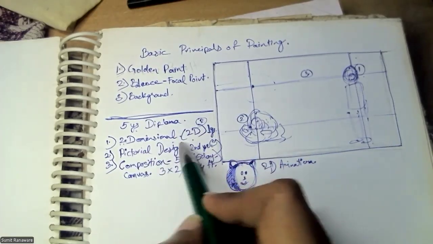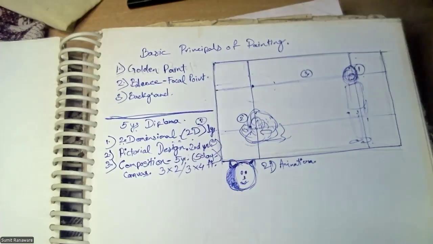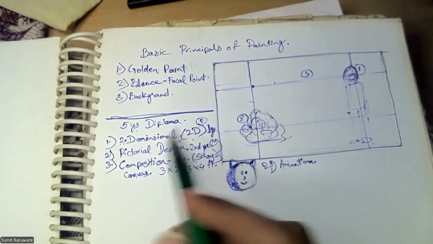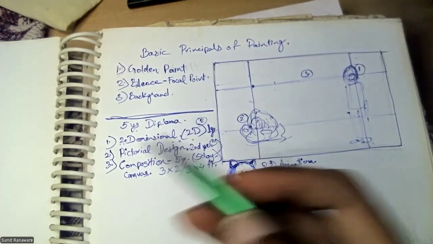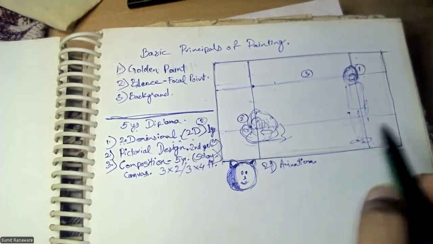Okay. So in 2D, you don't have to add human figures. We are not allowed to add any human figures in 2D. Okay, first year, because that is the advanced part. And how to add the human figures?